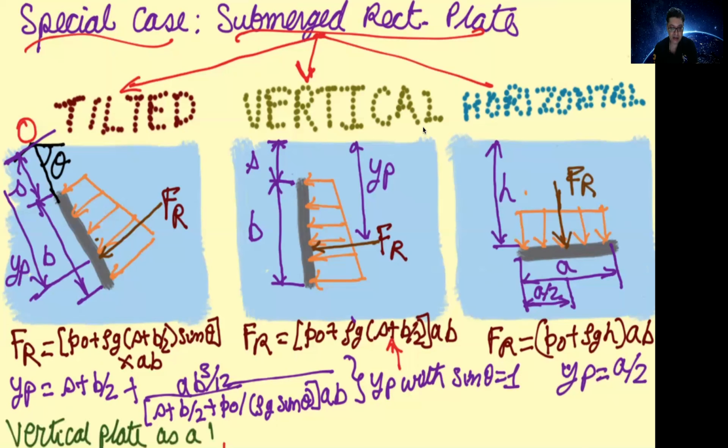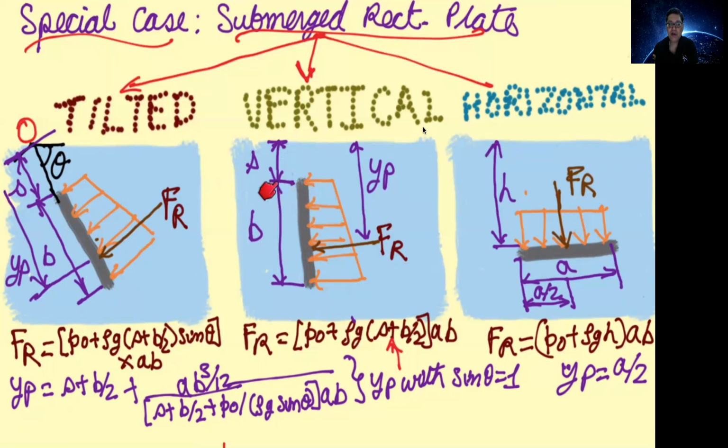Now let us take a special case where the tip of the vertical plate is touching the free surface, or the height of the liquid is up till here only. So that is one simplification. Second thing we are considering is that on the left hand side, you don't have this fluid.